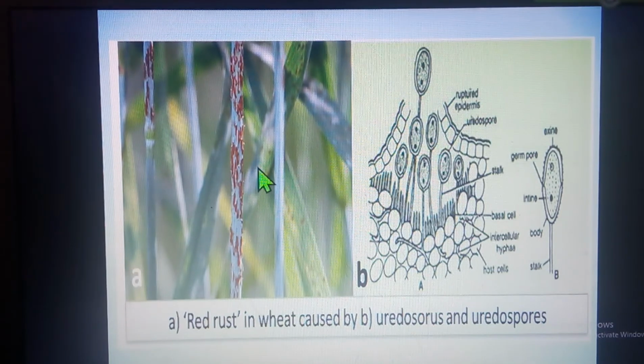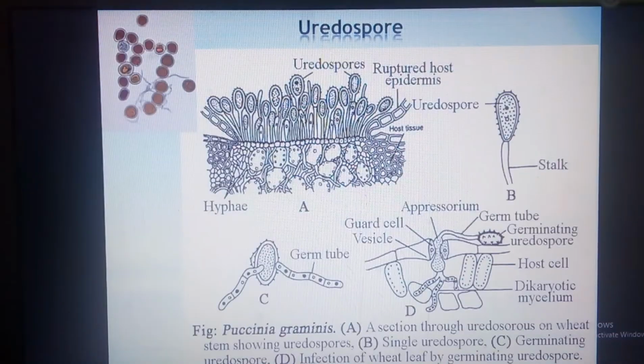Now the dikaryotic mycelium is produced by the germination of these aeciospores. So the aeciospores come in contact with the host epidermis, that is the wheat plant, and start to germinate. Upon germination, they form a dikaryotic mycelium.